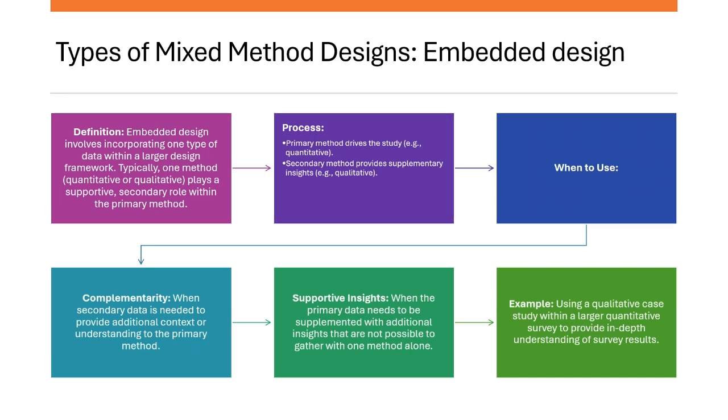Now, the first type of design is an embedded design. And what we mean by that is that it involves incorporating one type of data within a larger design framework. So typically, one method plays a supportive role within a primary method.